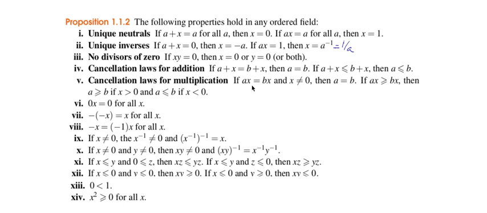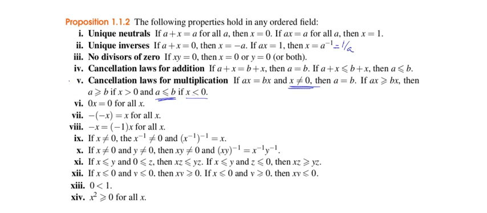If a times x is equal to b times x, and x is different than 0, this is very important, then a is equal to b. If a times x is greater or equal than b times x, then a is greater or equal than b if x is greater than 0, and the direction of the inequality changes if x is smaller than 0.